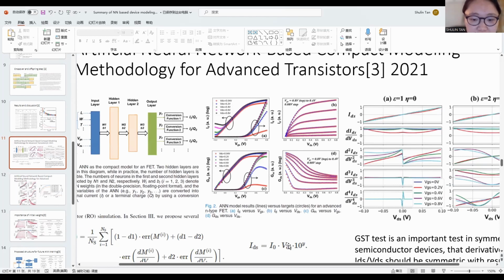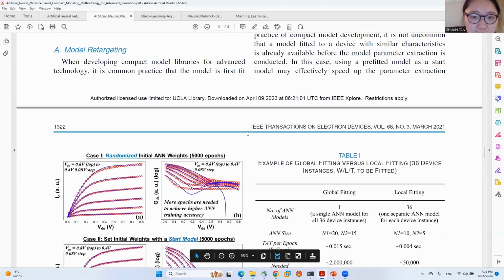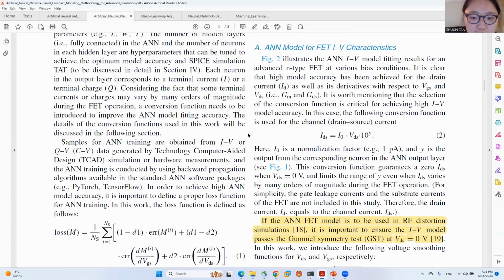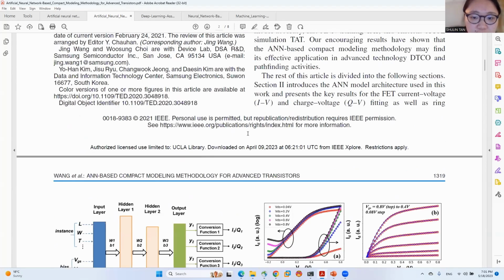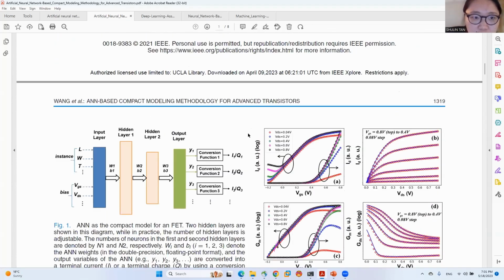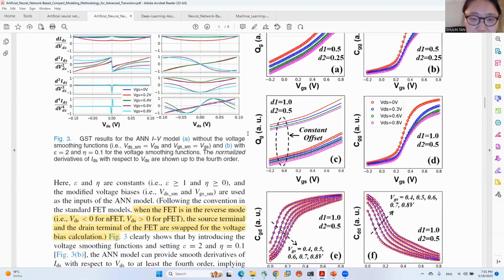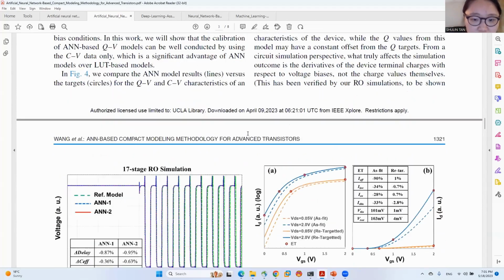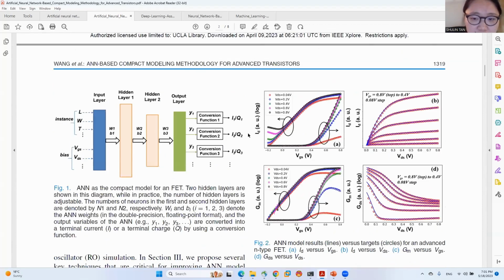But what they find is that... am I sharing this one? Let me double check. Share screen. Yes. So this is their article. I think they find somewhere that... okay, I don't know where to find it.